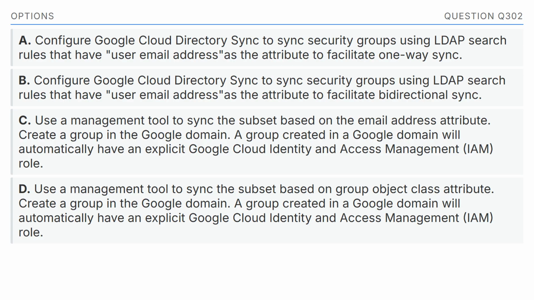Create a group in the Google domain. A group created in a Google domain will automatically have an explicit Google Cloud Identity and Access Management (IAM) role. Option D. Use a management tool to sync the subset based on group object class attribute. Create a group in the Google domain. A group created in a Google domain will automatically have an explicit Google Cloud Identity and Access Management (IAM) role.